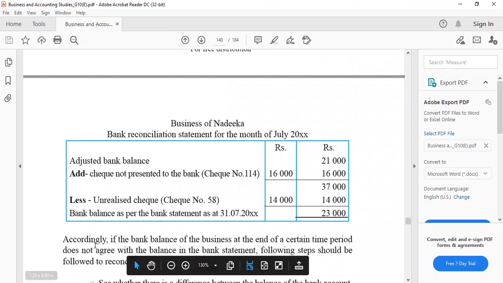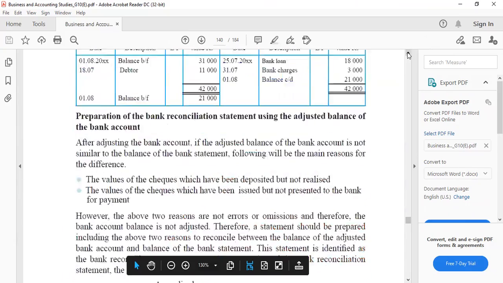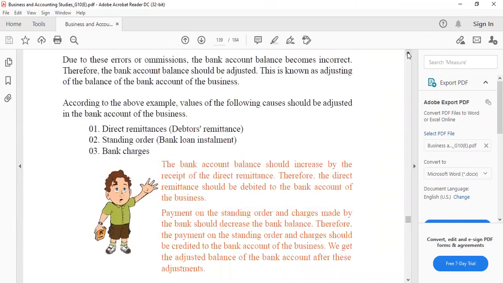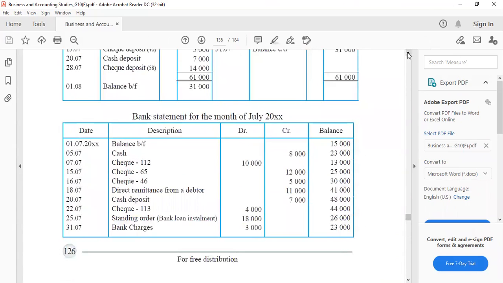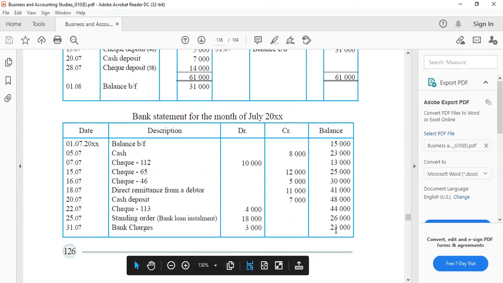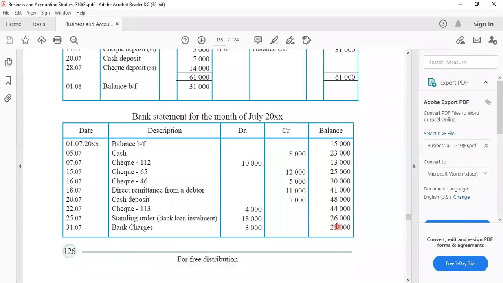Here you are writing the balance as per bank statement. Go to your bank statement and see what figure is available. At the end, there is 23,000 as the balance in the bank statement. And in the bank reconciliation statement also we got 23,000.